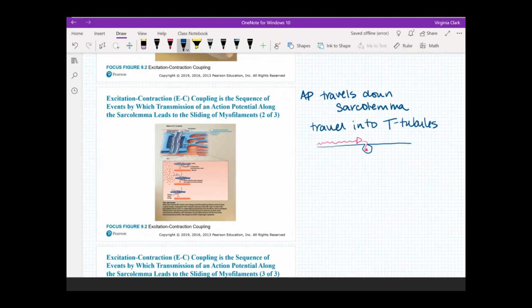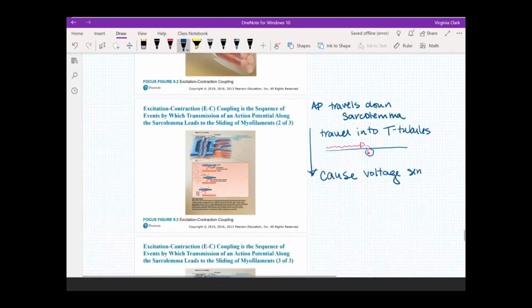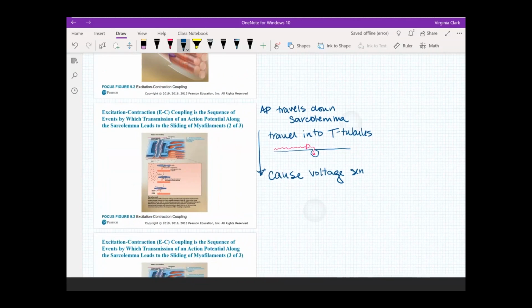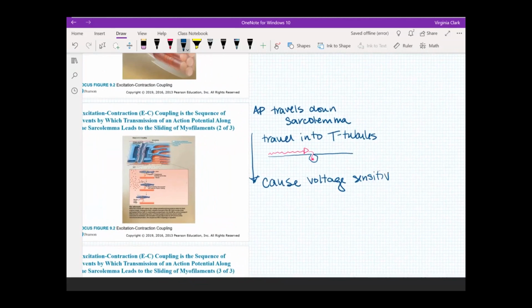Now the next step is it is actually going to cause voltage sensitive tubular or tubule proteins to change.